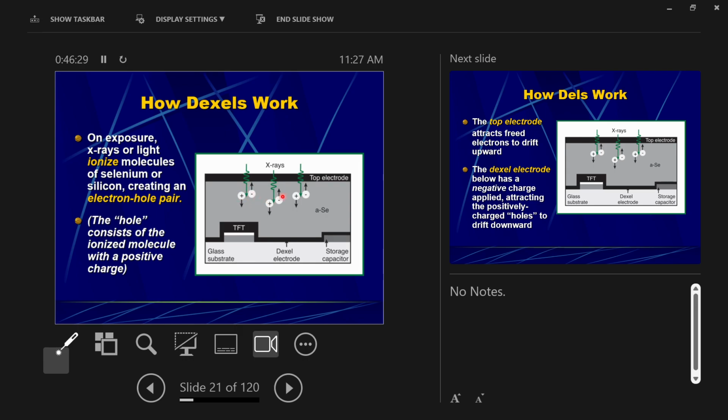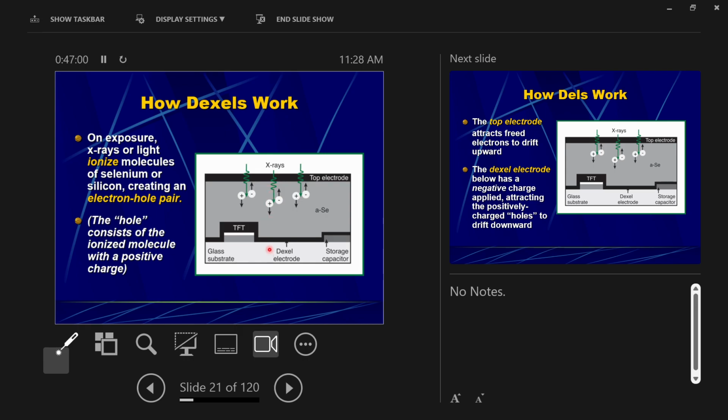Now, what you have to do to make this work is you have to have one side of the detector element, like the surface of the detector element, already having an electric charge applied to it. So a tiny amount of electric current runs through one side of the detector. And when you ionize an atom in the detector material, the negative charges, the electrons that were ionized, get pulled upward, and the positive charges get pulled downward.